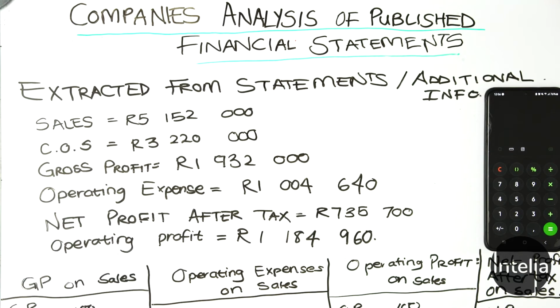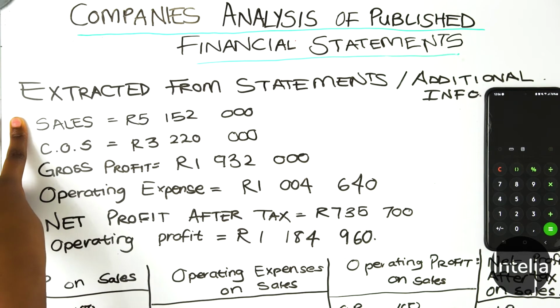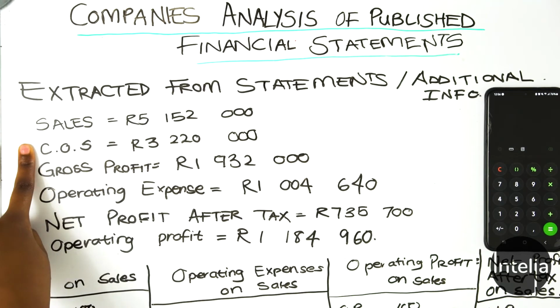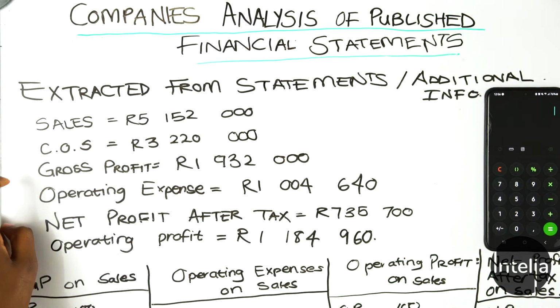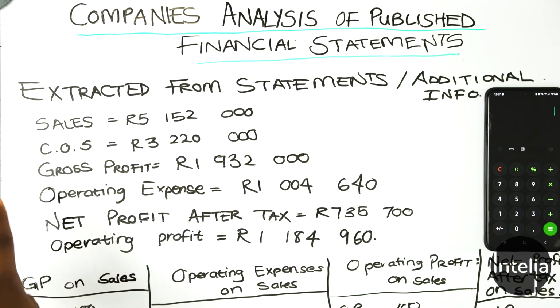Extracted from the statements are the digits for sales. Sales is 5,152,000. Cost of sales is 3,220,000. Gross profit is 1,932,000. Operating expense was 1,004,640.